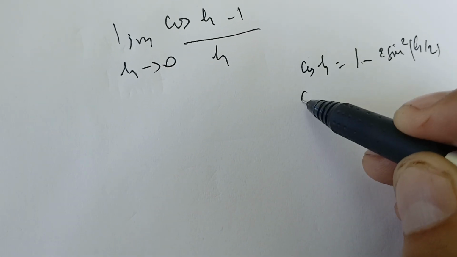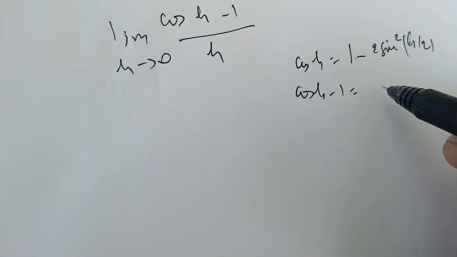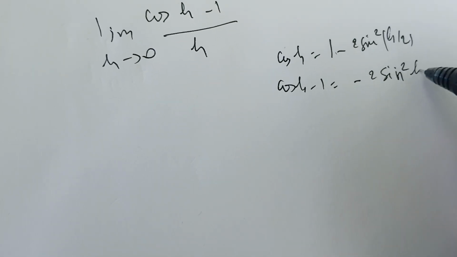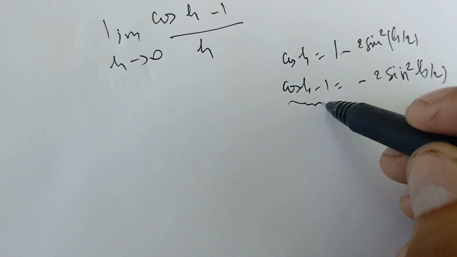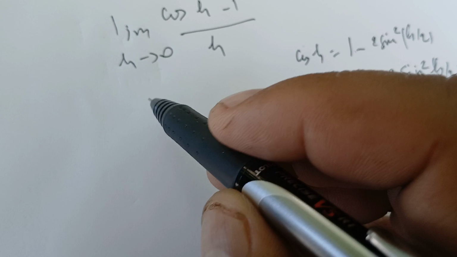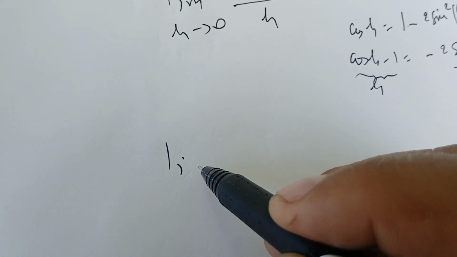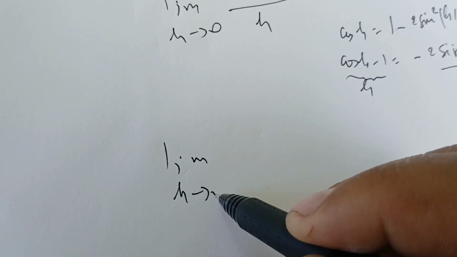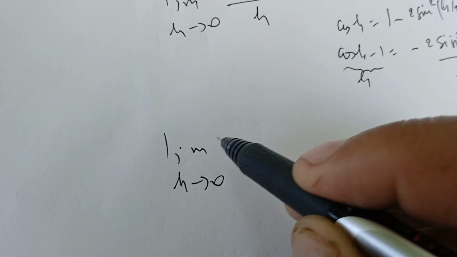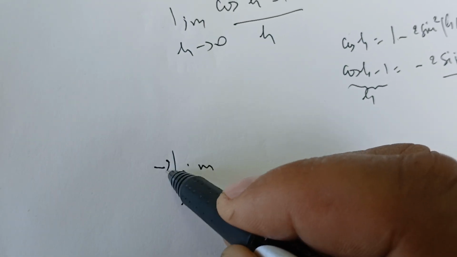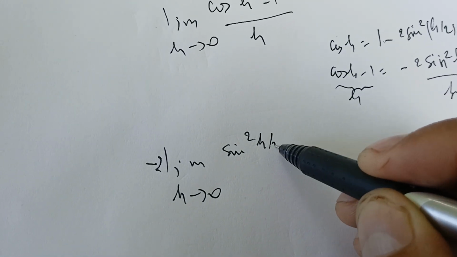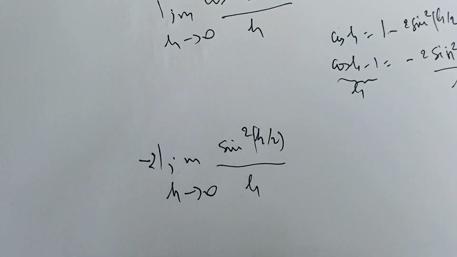So cosine h minus 1 is minus 2 sine squared of h over 2, and if we divide by h, this limit is the limit as h goes to 0 of minus 2 times sine squared of (h over 2) over h.